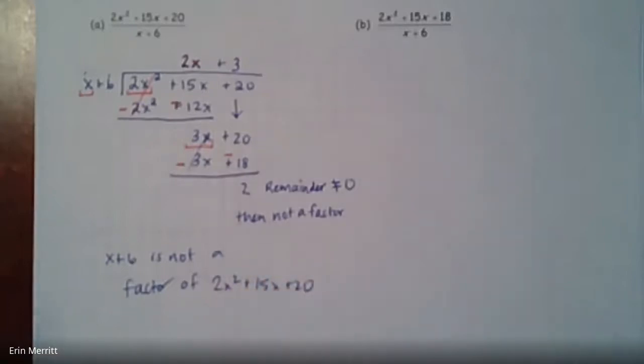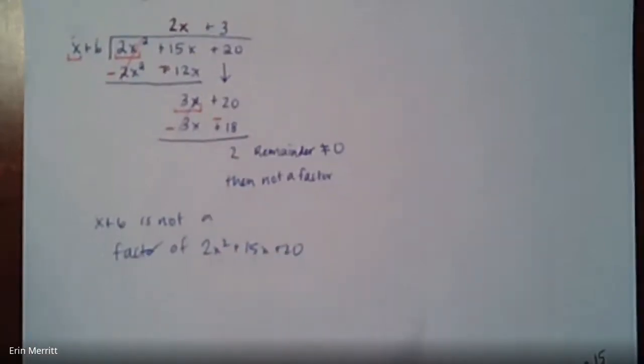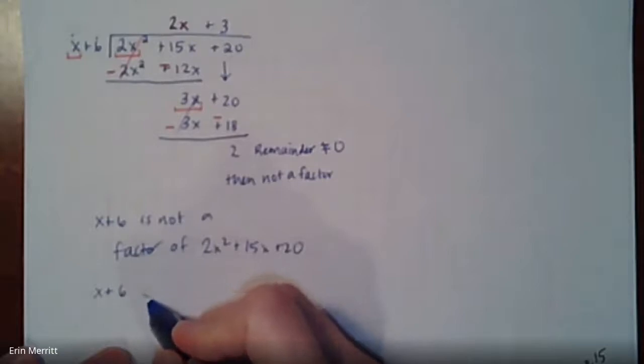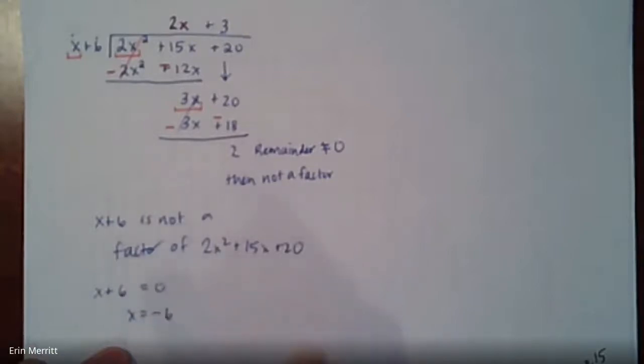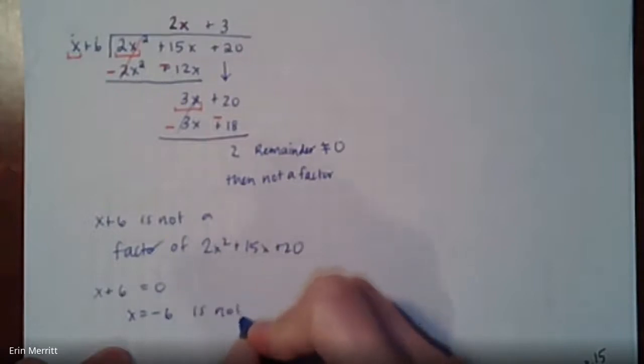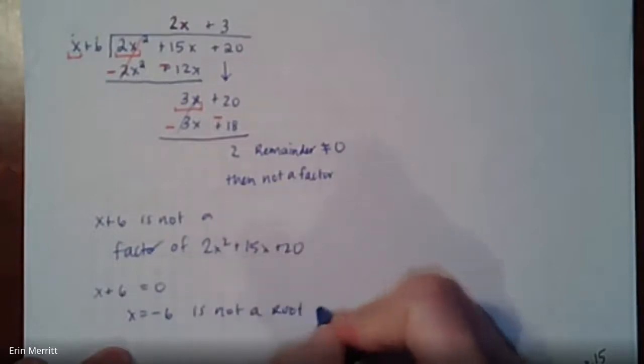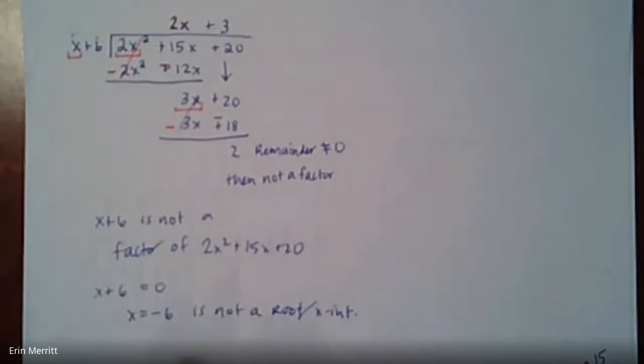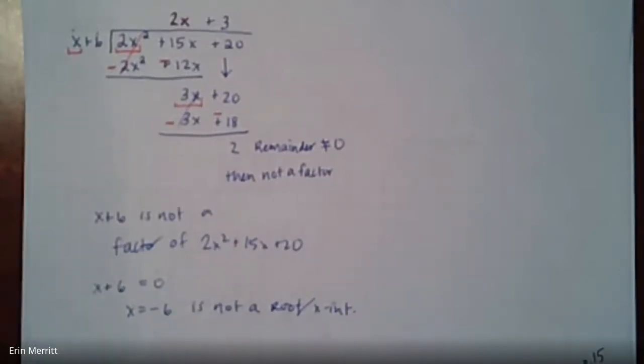So we couldn't break it down and factor it into two parts and so on, all right? The other thing that means is that if x plus 6 is not a factor, then x plus 6 equals 0, x equals negative 6, is not a root or an x-intercept. So I can extend it to that idea. And that's important as well for what we're looking at today.